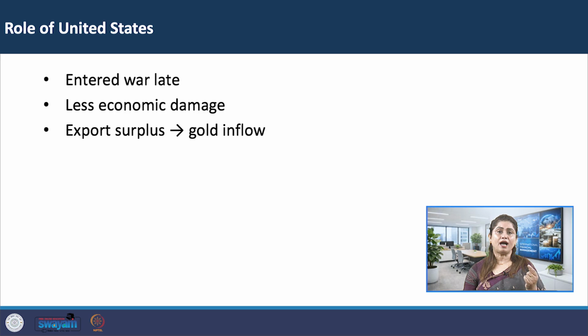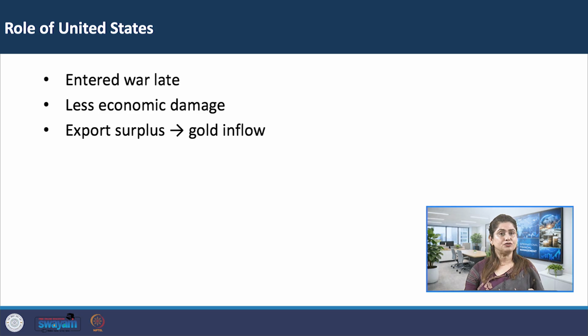Now, let us look at what was happening with the United States during this time. The United States stayed away from the war initially. Thus, the United States was less affected by the war economically because it entered late in the war. In fact, it benefited considerably from the war because of a trade surplus.